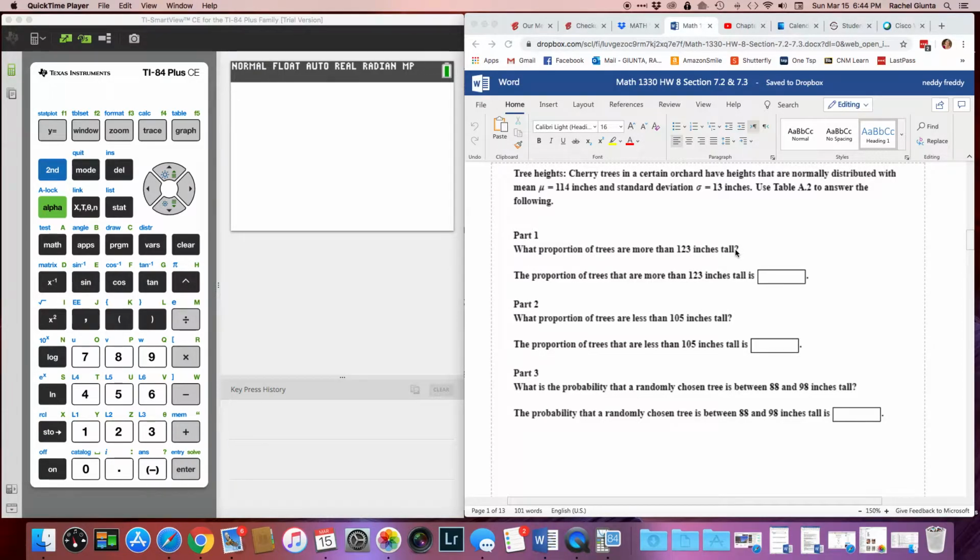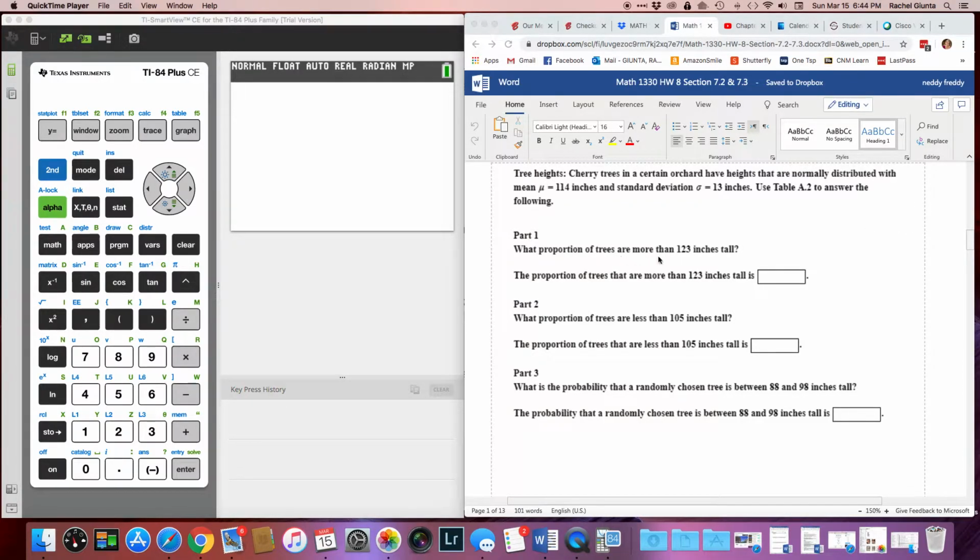This you'll work the same way as we did in 7.1 when it said area to the right. If it says more than, that's 123 or bigger numbers. So picture it on a number line. It would be numbers that start at 123 and go to the right.